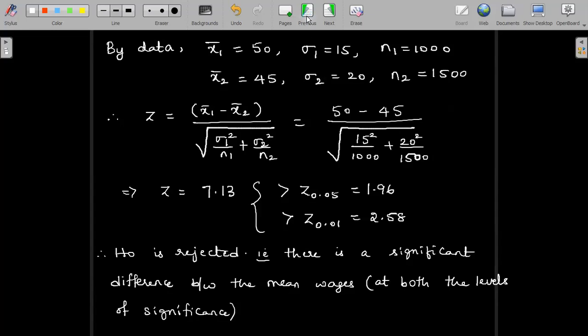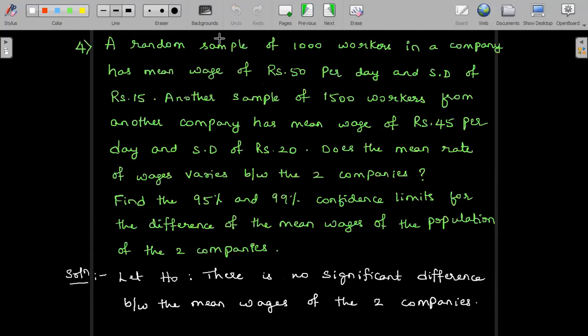In the assumption H naught, the method itself says that we always have to assume the H naught as there is no significant difference between the means, mean scores, mean wages, anything it might be. So here we had to assume that there is no significant difference between the mean wages of the two companies.